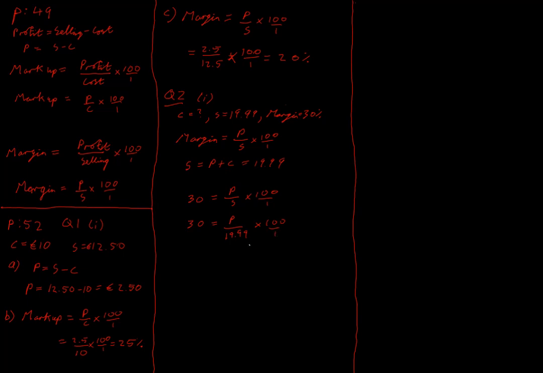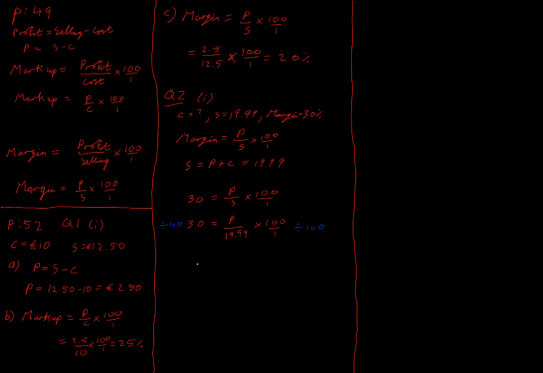Now, I have a little bit of rearranging that I need to do here. So if I divide both sides by 100 in order to get rid of the 100 here, so divide both sides by 100. That's going to isolate P a little bit more.